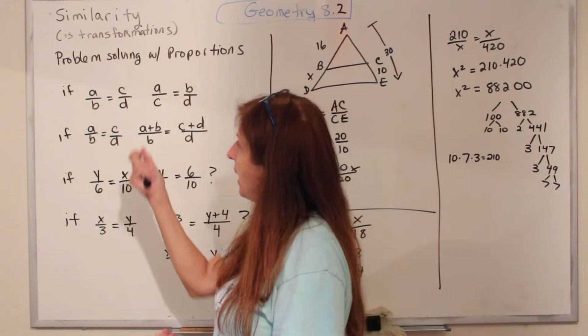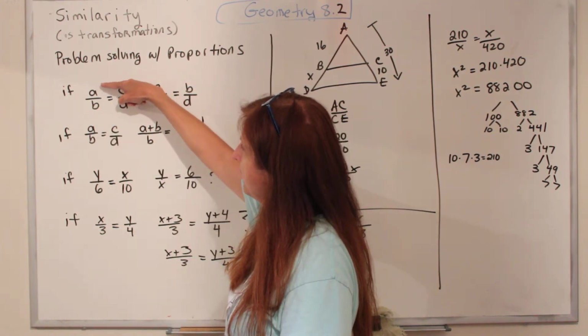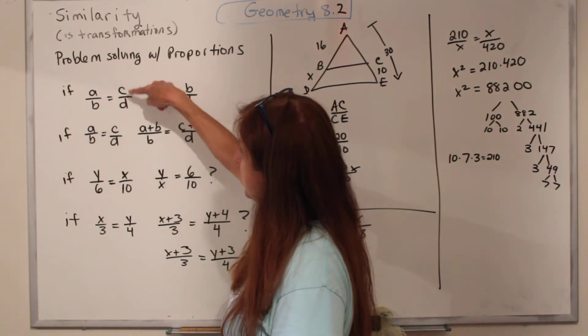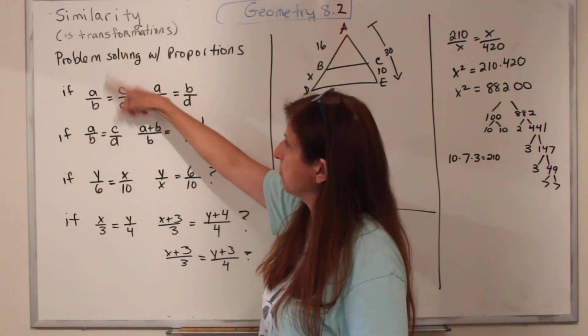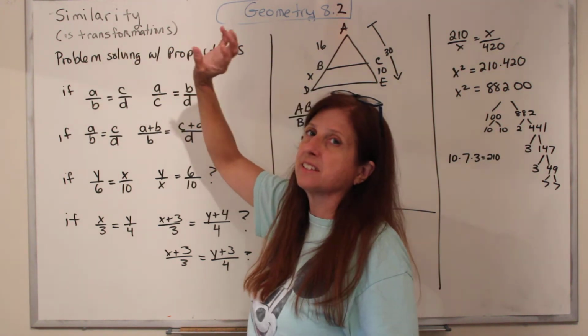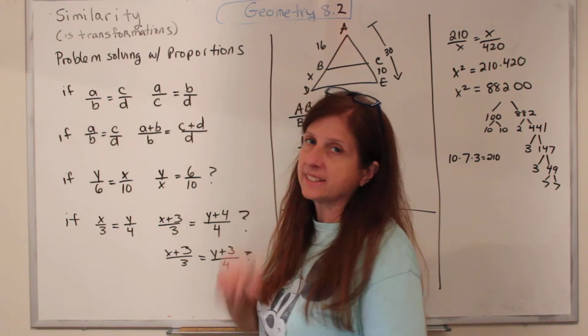Okay? So how you can write this is by proportions, and you read it like this. If A is to B as C is to D, it means that it's the same ratio, it's the same proportions, it's the same fraction that describes one shape as the other one.